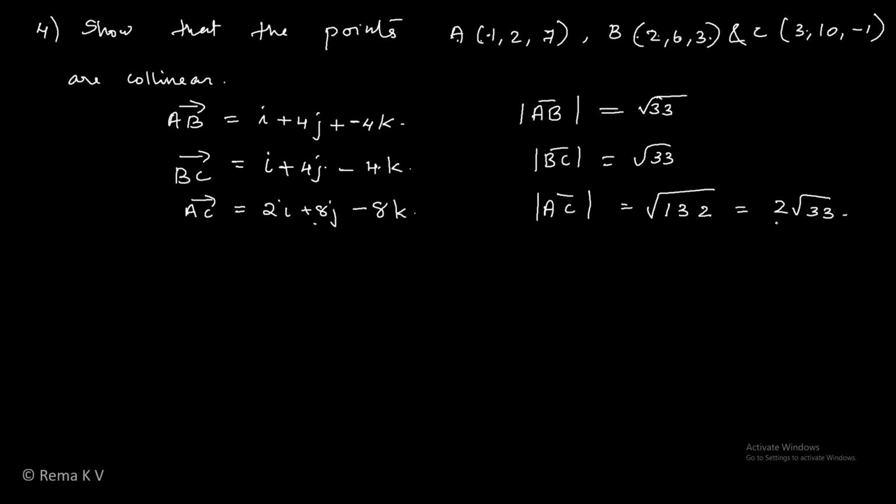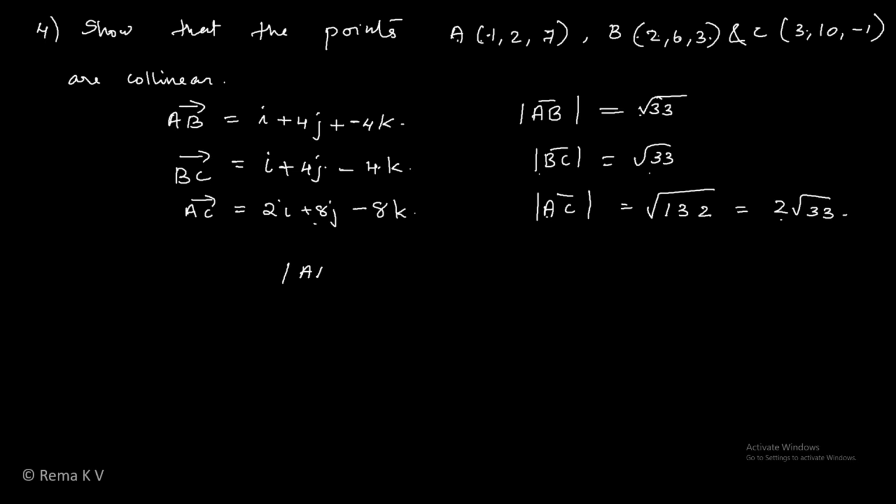From this we can observe that the magnitude of vector AB is root 33, that of BC is root 33, and AC is equal to 2 root 33.